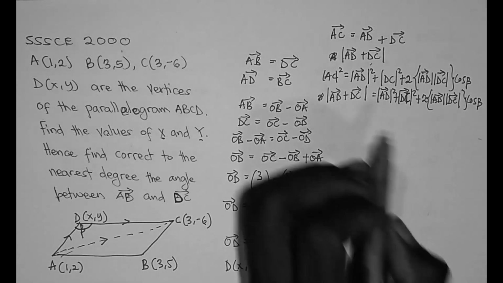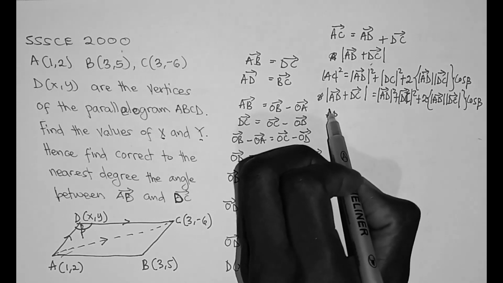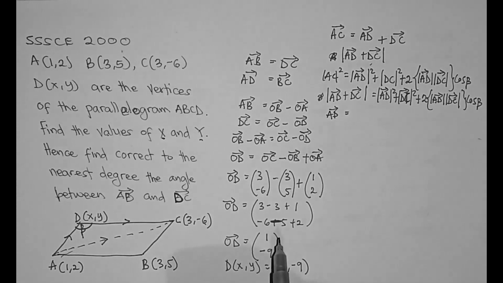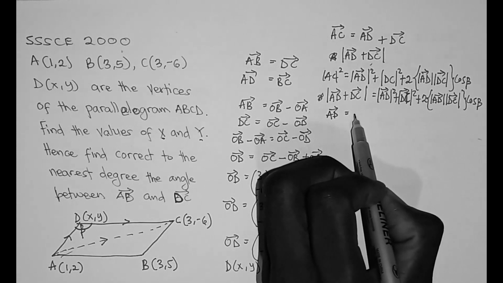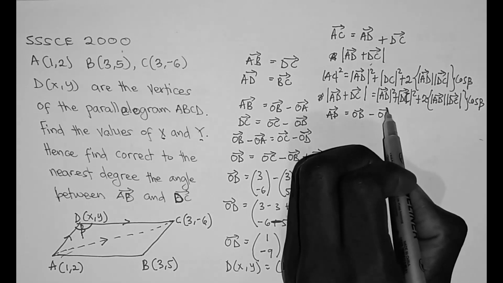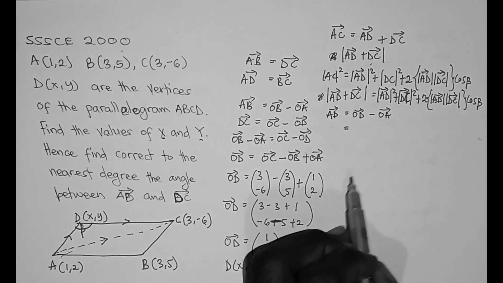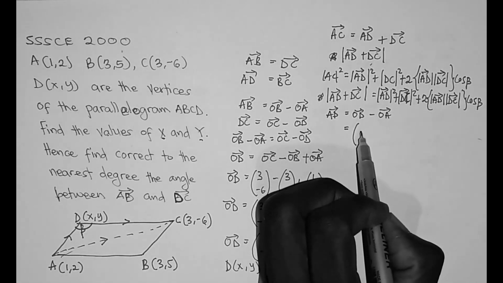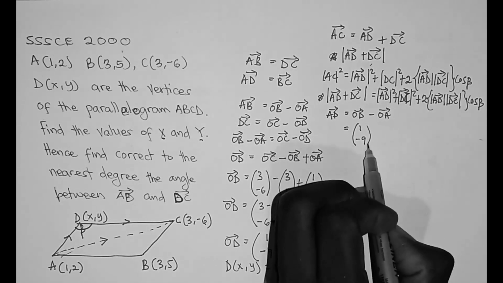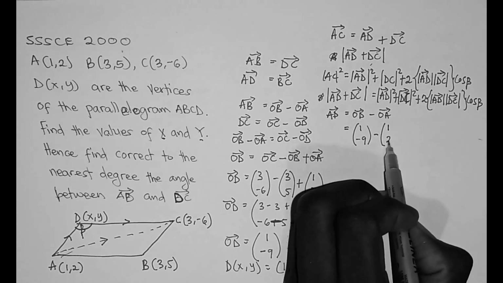So what is AD? Let's find AD, vector AD. Vector AD is equal to position vector OD minus OA. So vector AD is equal to position vector OD, which is 1, minus 9, then minus position vector A, which is 1, 2.